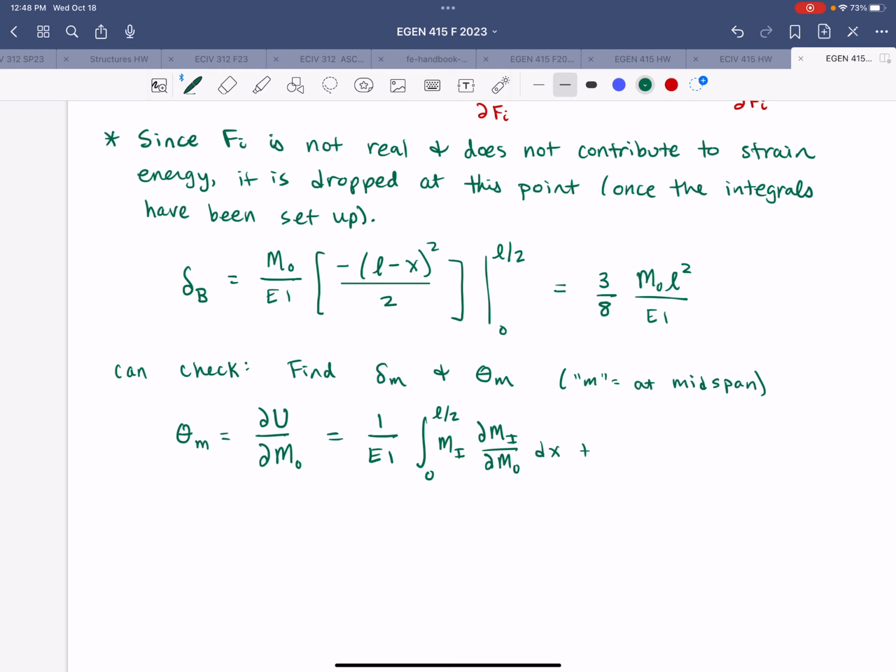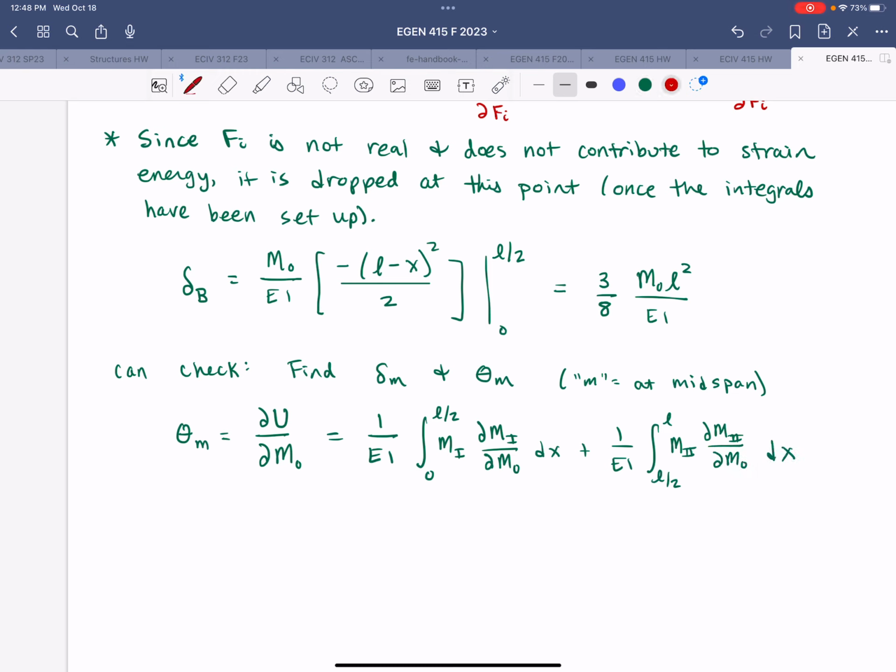And then we have our region 2 expression. So that's L over 2 to L times the moment in region 2 and the partial derivative of that moment with respect to m naught.